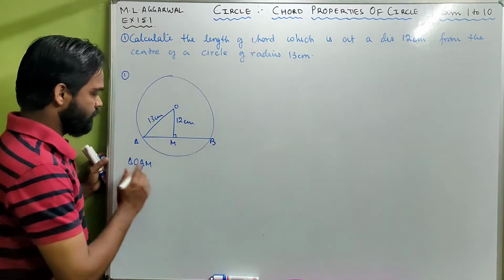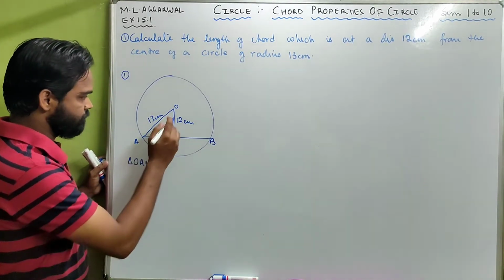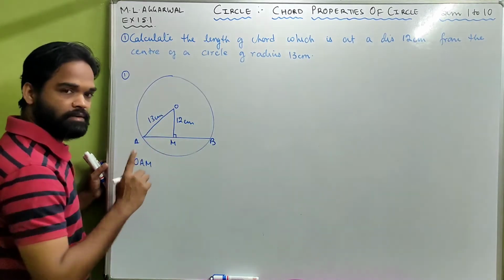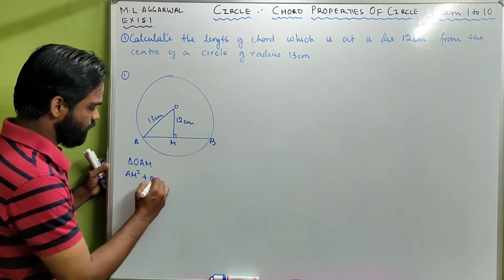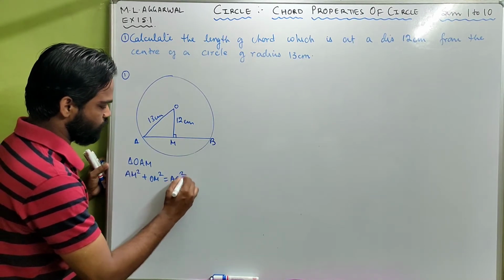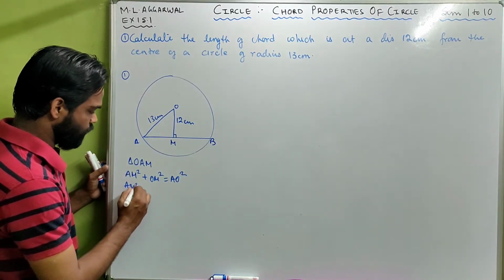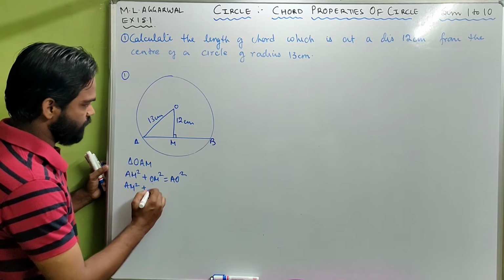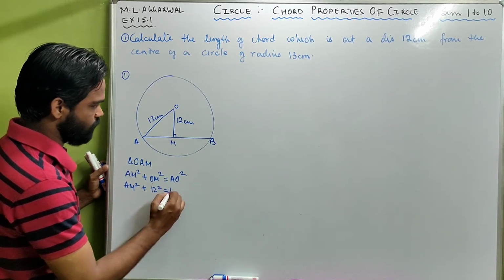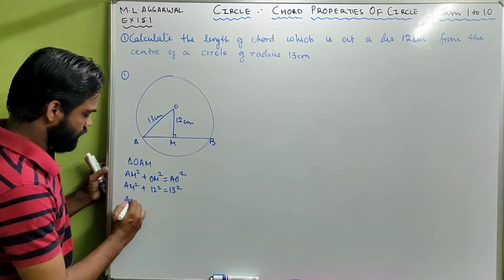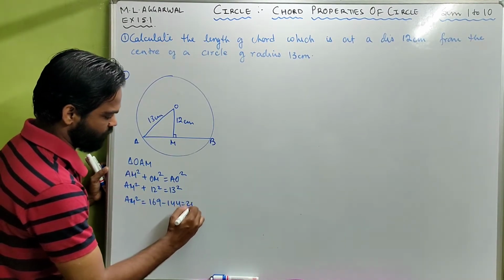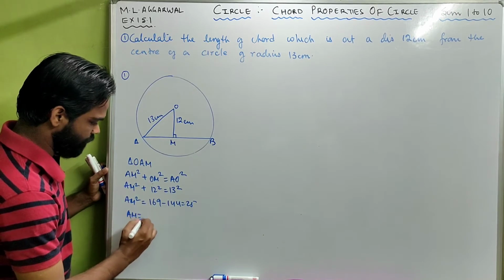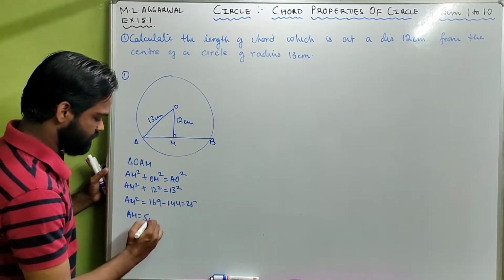In triangle OAM, OA is the hypotenuse, so AM square plus OM square is equal to AO square, which means AM square plus 12 square equals 13 square. So AM square equals 169 minus 144, that's 25. So AM will be 5 centimeter.